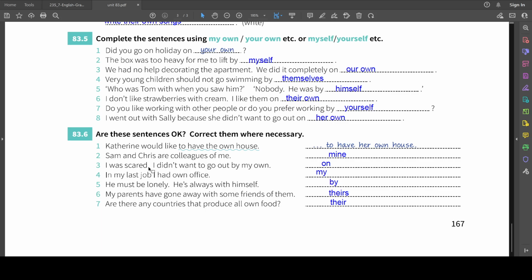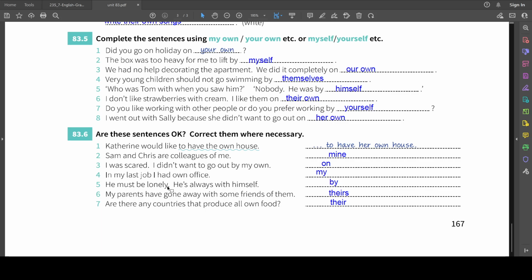In my last job, I had home office. So in my last job, I had my own office. My own office. We're talking about possession. We're talking about something you used to have which was not shared, was only for you. You were the only owner.